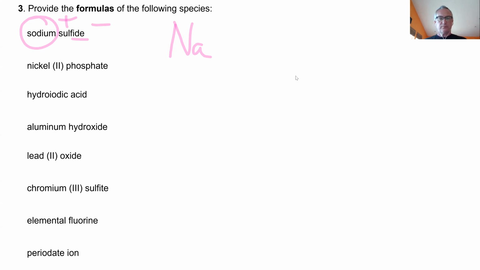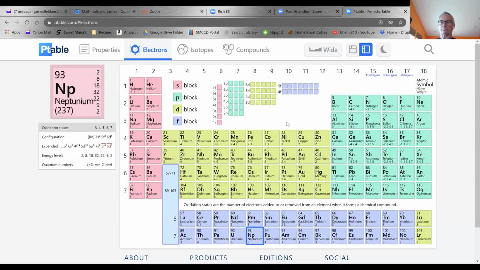To figure out what the charge is, we need to go back to the periodic table. We learned a little before class how we can figure out what these charges are going to be, and the way we do that is by finding out what group they're in. So what group do we find sodium in?